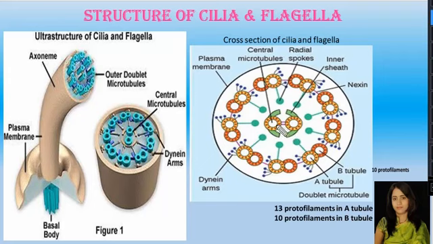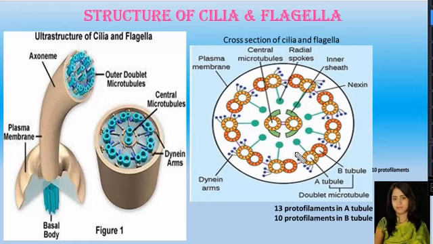Whereas in the center, as I said, there are 2 microtubules and they are connected by a bridge made up of protein. And these 2 central microtubules are surrounded by a sheath called the central sheath. Here you can see this is a central sheath.